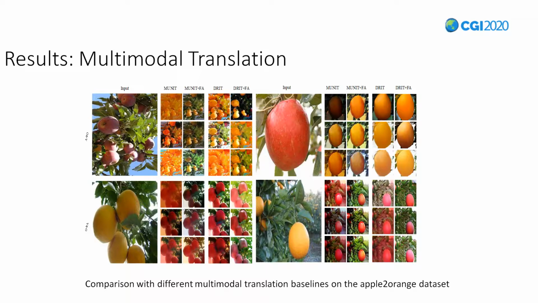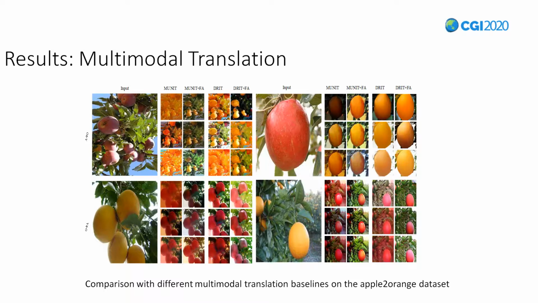We also apply our FA to multimodal translation. We select the state-of-the-art multimodal translation networks, MUNIT and DRIT, as baselines. It can be observed that MUNIT and DRIT can produce multimodal results, though they fail to find which object should be translated.